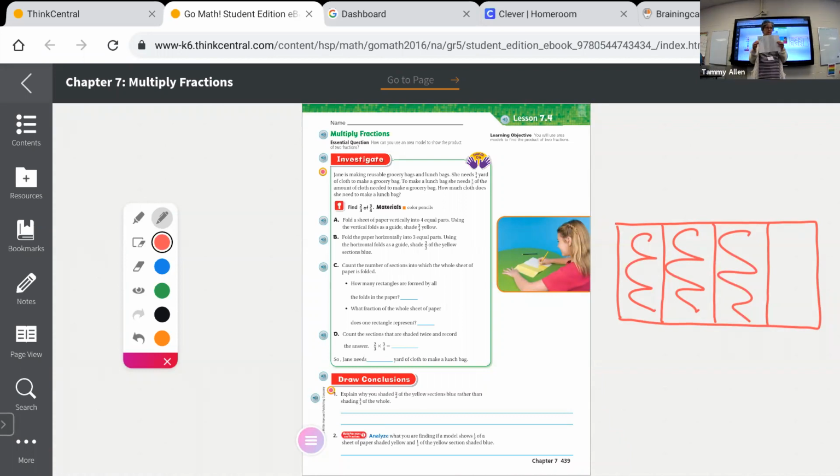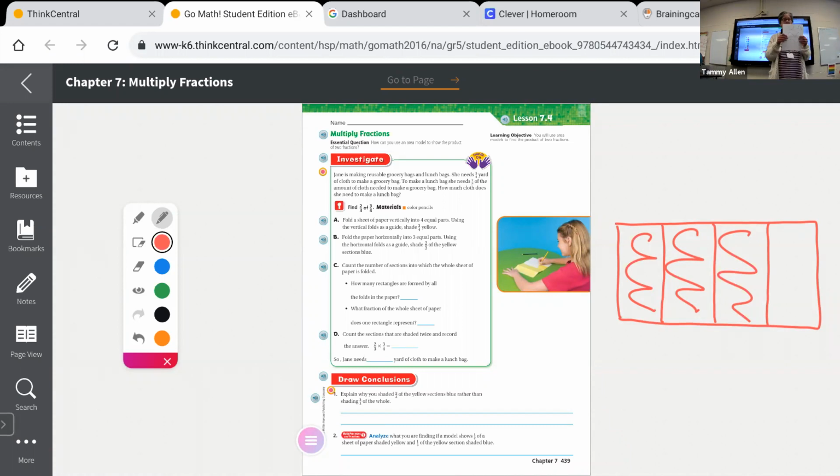I can take the physical piece of paper and make it in thirds, or I can just draw thirds up there. And let me tell you, drawing the thirds is a whole lot easier than dividing it into thirds.